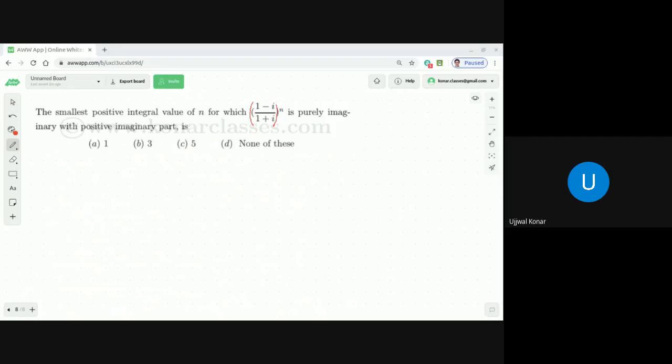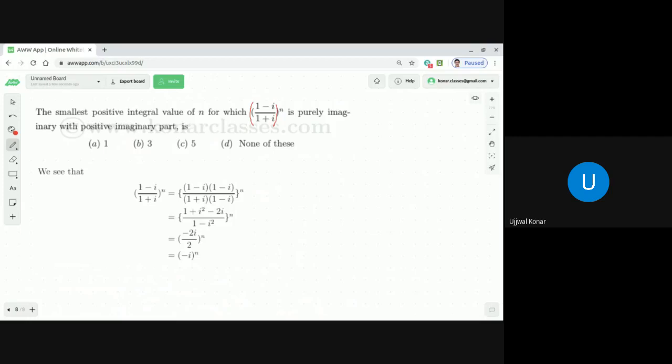The moment we come up to that simplification of the expression as (-i)^n, we are 80% of the way there, dear students. I'm just sharing the solution with you, and I hope you understand each and every step here. You can take 1 minute to understand, or take your time. There's no hurry.